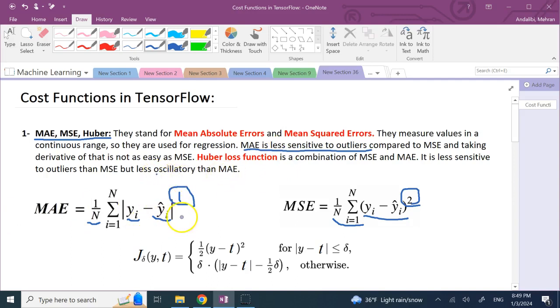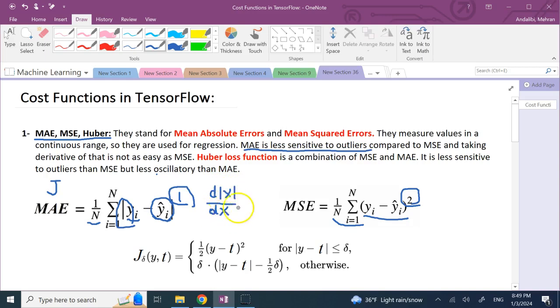Plus, with MAE, remember, if this is your cost function J and you want to take the derivative with respect to some parameter used in this y hat, you are taking the derivative of the absolute value function. The absolute value function does not have a derivative at x of 0.